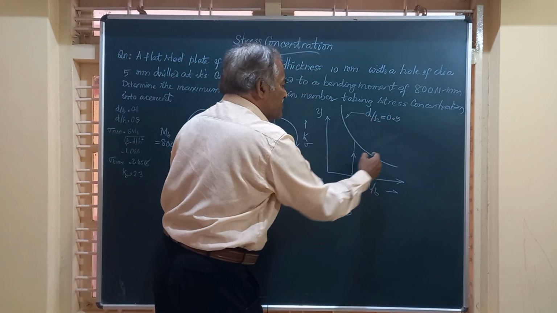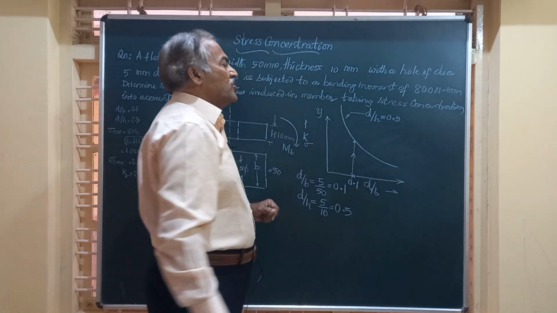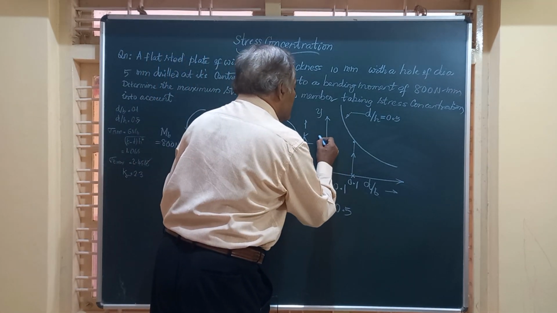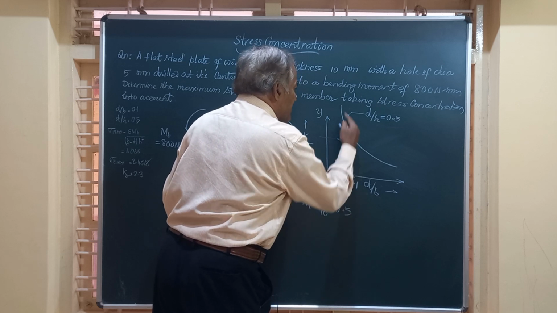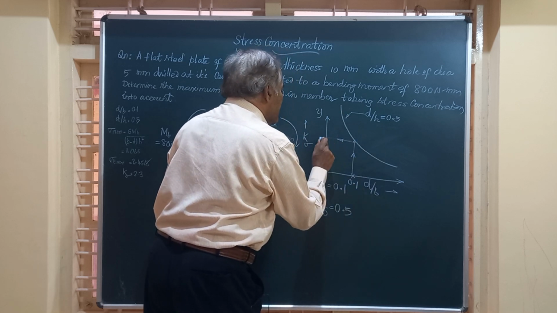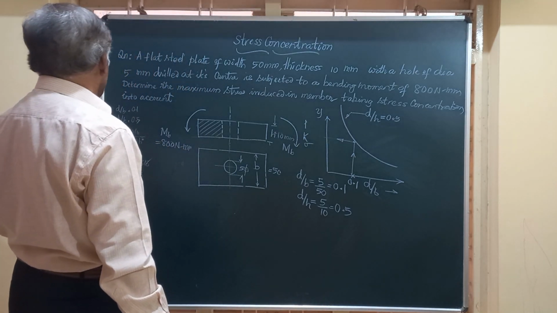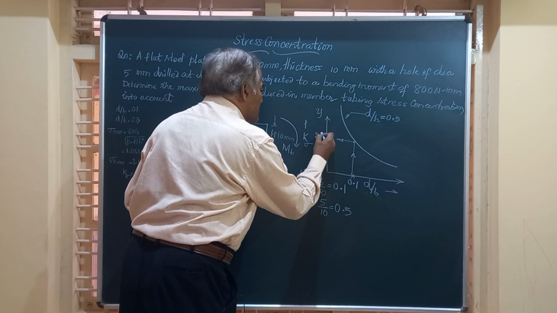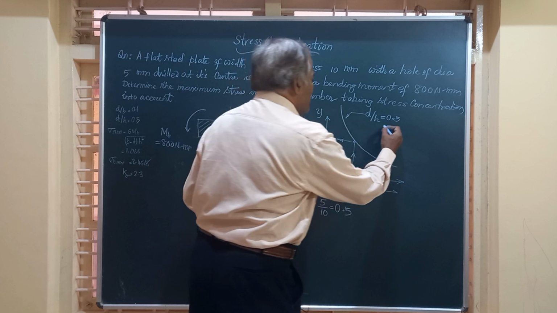There will be so many curves; you have to go only to that particular curve which has this ratio d by h equal to 0.5. Draw a horizontal line from the point of intersection of the vertical and that curve, and you will get the value of K sigma here. This K sigma works out to approximately 2.3. So we have got K sigma.